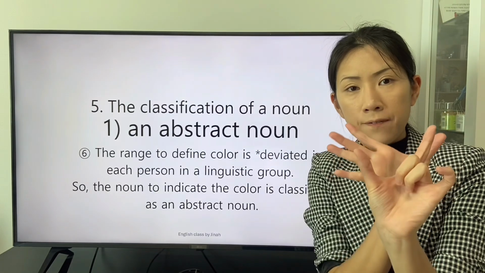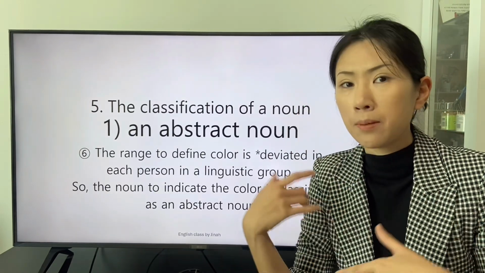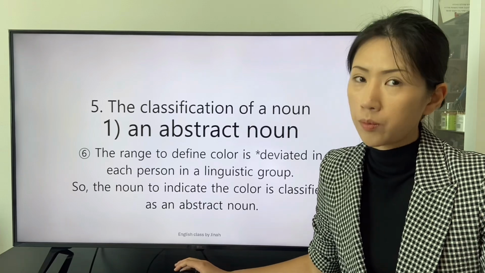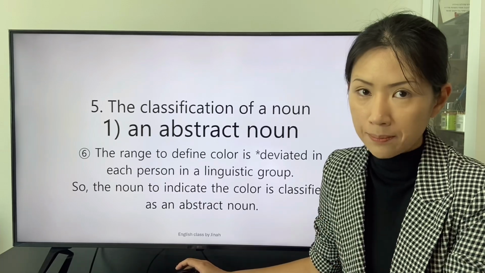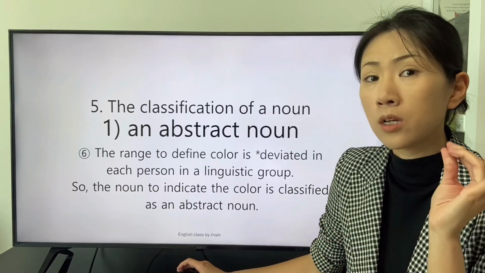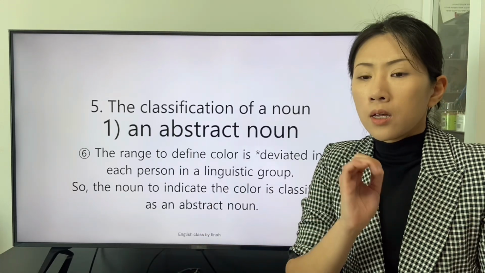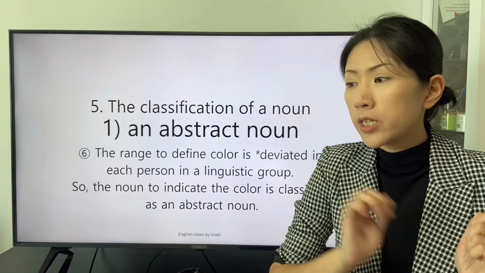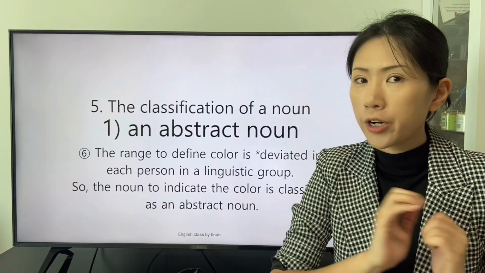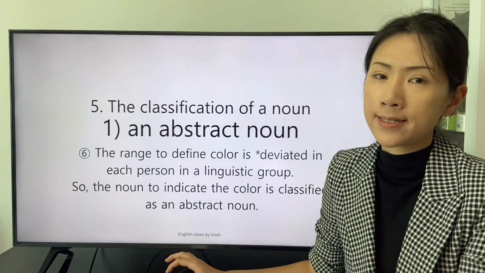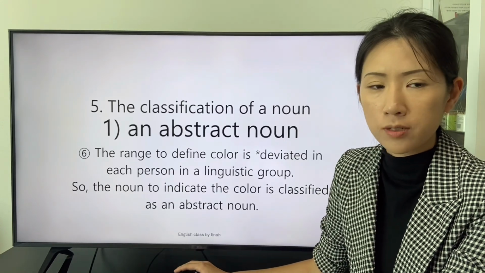So the range of color to define the same color can be deviated by each person. Each definition is accepted as the noun. So the nouns to indicate color are classified as abstract nouns.